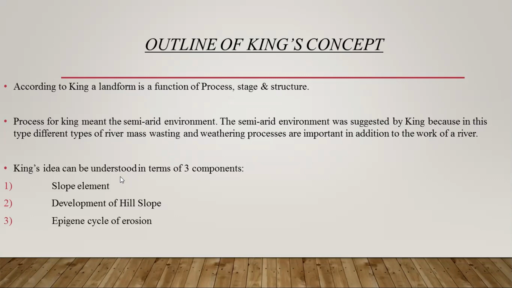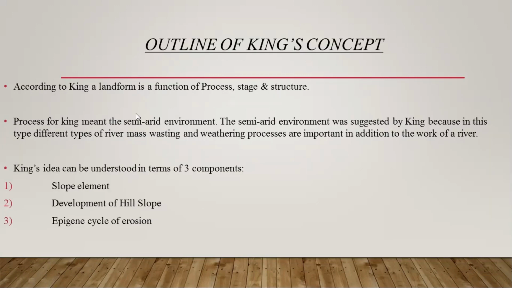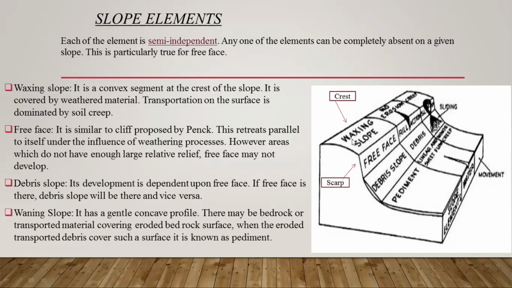Now, King's idea can be understood in terms of three components. What are the components? Slope element, development of hill slopes, and the epigene cycle of erosion. Now, if we come to the slope elements, now over here you are seeing certain types of slopes.